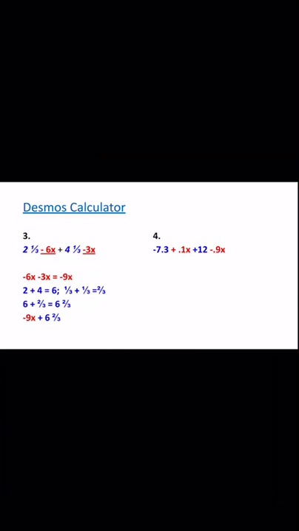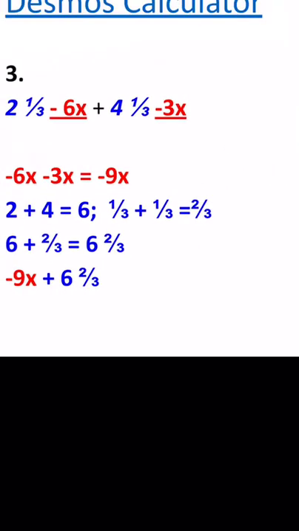Then we go to our constant. The constant is a 2 1/3 and a 4 1/3. So what I did first is I went ahead and I added my whole numbers, which is a 2 and a 4. 2 plus 4 is 6. And then I added my fractions, 1/3 and 1/3. Whenever you're dealing with fractions, notice at the bottom number, the denominator, they're both 3's.